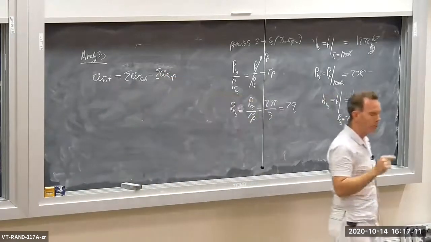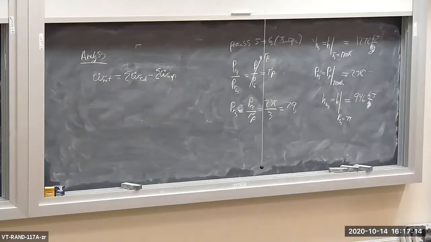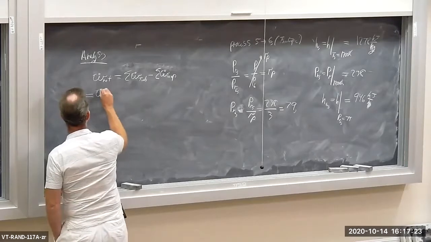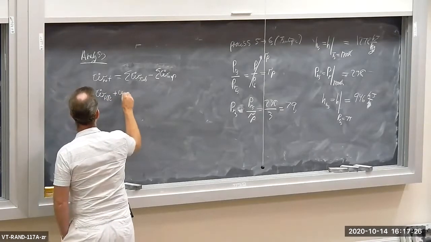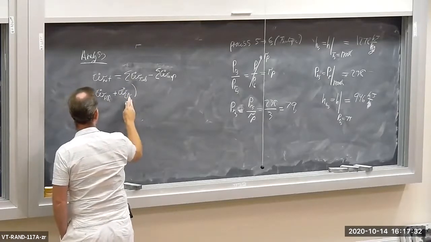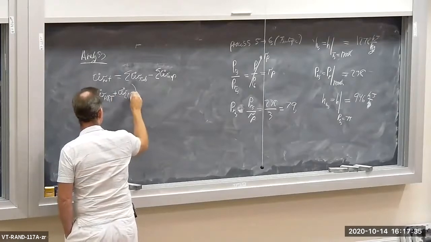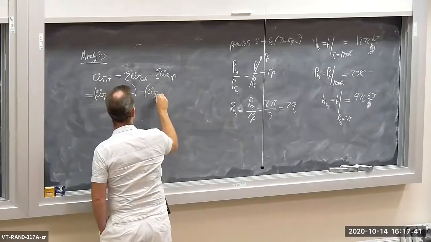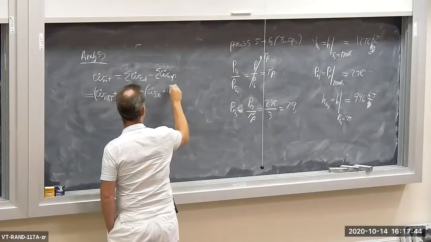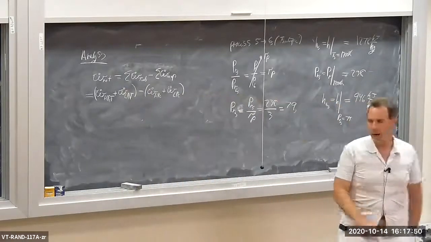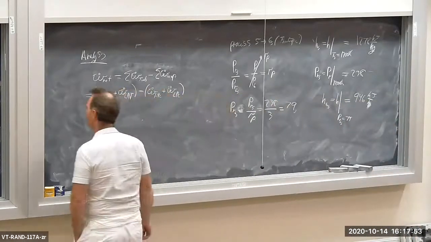Remember, the turbines are driving the compressors, and any work left over is what you get from the device. Now I have 2 turbines and 2 compressors. So I have W dot HPT plus W dot LPT, I'm sorry, turbine, not compressor, minus W dot HPC plus W dot LPC, okay? Now I can divide top and bottom by m dot for the air flowing through the cycle.